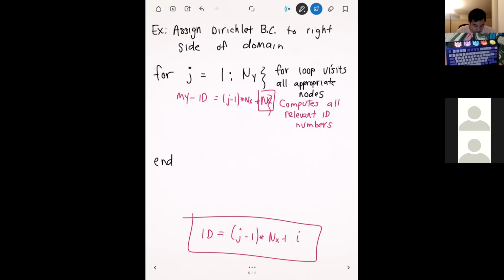And so all the loops that we're going to write today are going to have this aspect to it. And then the last thing that you're going to write is another block of code here, and this is going to be different depending on where we are and what boundary condition we're applying. But this is going to be code to modify the left-hand side matrix and the right-hand side vector.